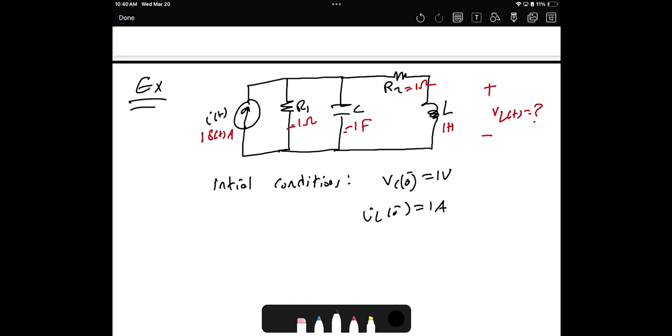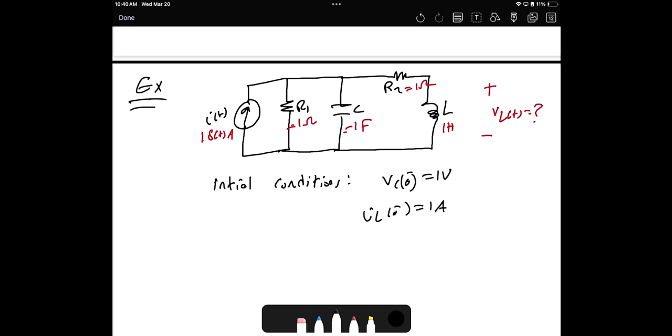Is there a switch? No, therefore assume them as zeros. But most likely, if there's no switch, I will give you the initial conditions, or I will tell you to assume them as zeros. So don't worry about it. With this statement, when the initial conditions are provided, you can save one step.